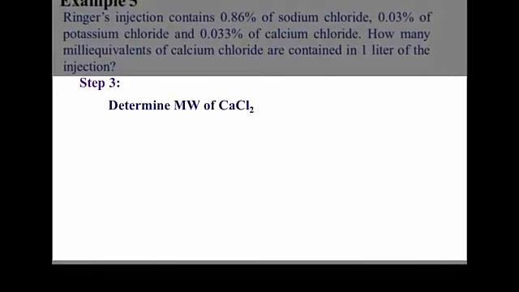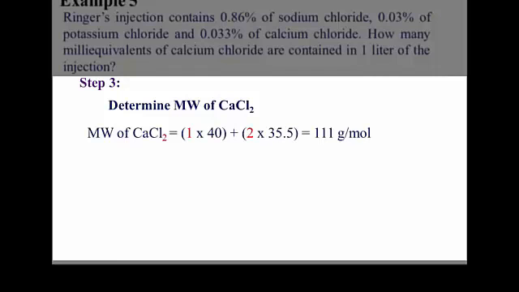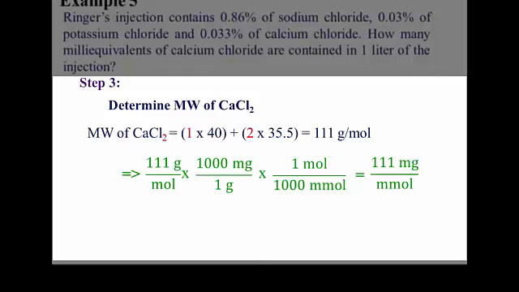So the third thing we need to do is determine the molecular weight of calcium chloride. And so now you should be comfortable doing that. You have 2 chloride atoms, 1 calcium atom. And so 1 times 40 plus 2 times 35.5 will give you 111 grams per mole. We need units that are compatible with what we're working with.